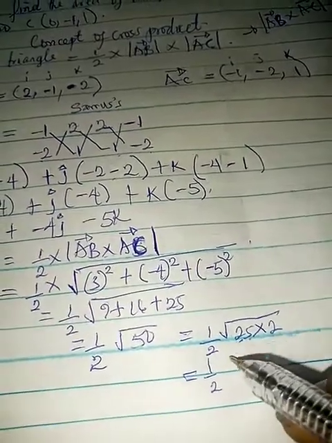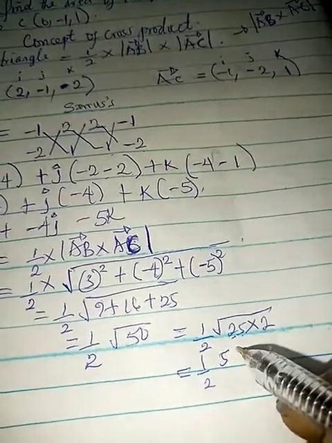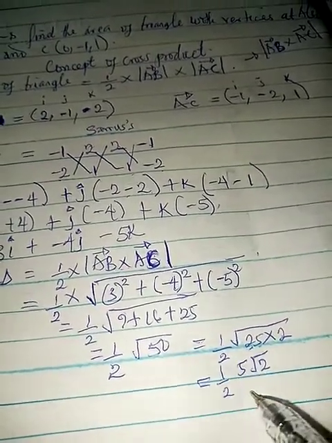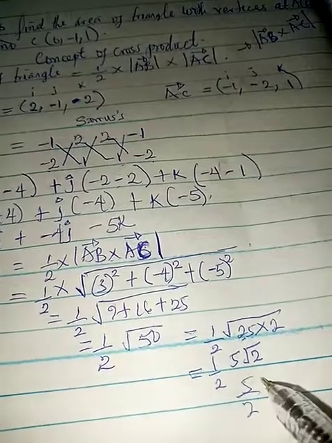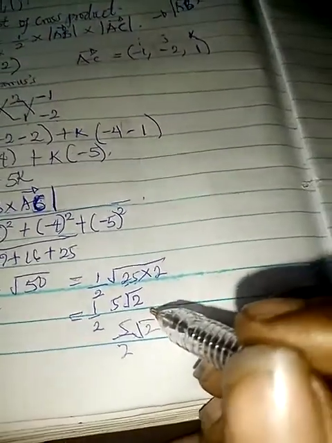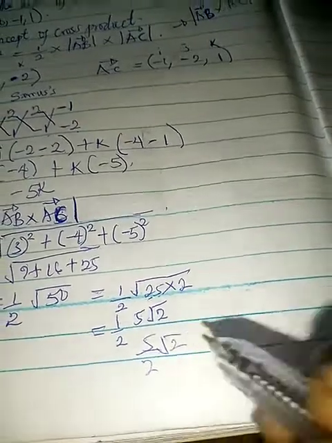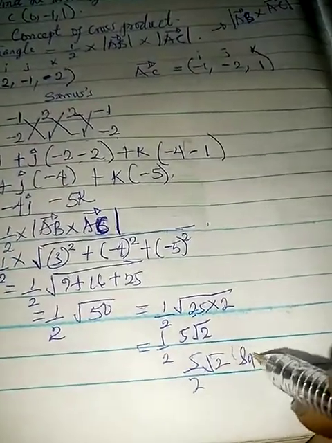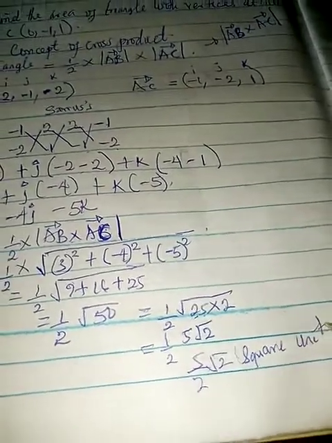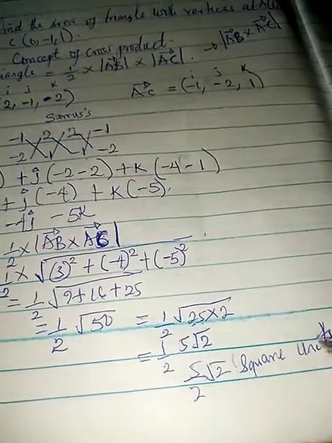Then what is root 25? That is 5. So 1 times 5 is 5/2 root 2 square units. Yes, that is all.